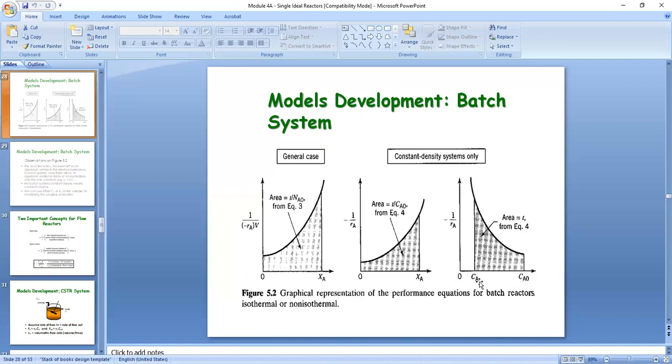Okay, this is the case for a constant density system, which is the usual case for a batch reactor, because normally we have liquid phase reactions facilitated in a batch reactor. And for those reactions, most of the time, class, it's constant volume or constant density.